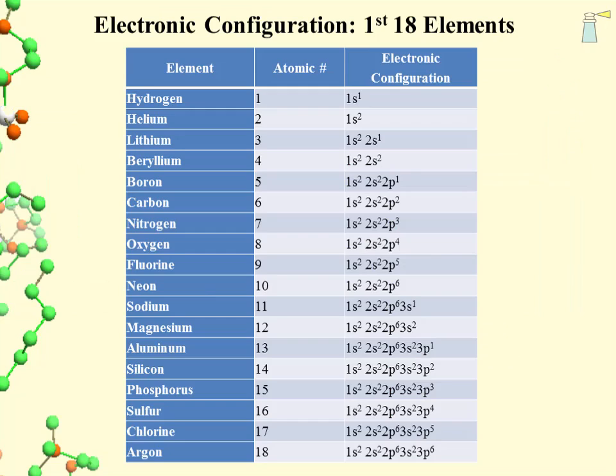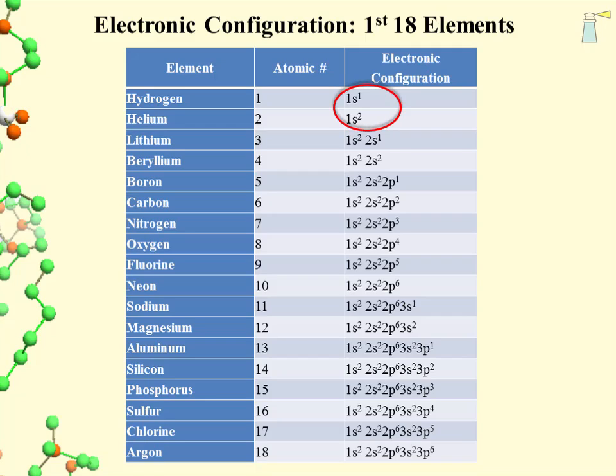A quick look at a table containing the first 18 elements listed by atomic number can help reinforce the process of producing ECs. We can see that when viewed in order of atomic number, an atom's electronic configuration is really just adding one more electron to the highest energy orbital of the preceding element. If that orbital is filled, add the electron to the next lowest unoccupied energy orbital.